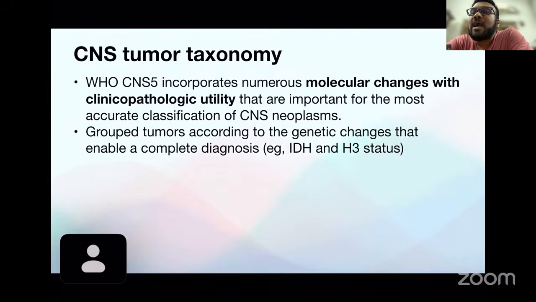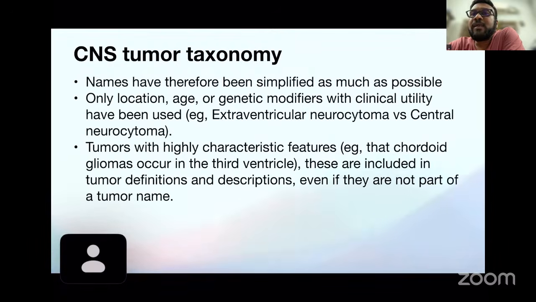CNS5 has grouped tumors according to the genetic change that enables a complete diagnosis, that is the IDH status, the histone 3 status; all these are incorporated in the tumor taxonomy. Names have been much simplified when compared to earlier. Only location, that is where exactly the tumor is located, the age, that is the pediatric or the adult type, and genetic modifiers like the BRAF mutation are used. In that way, the genetic modifiers with clinical utility have been used.